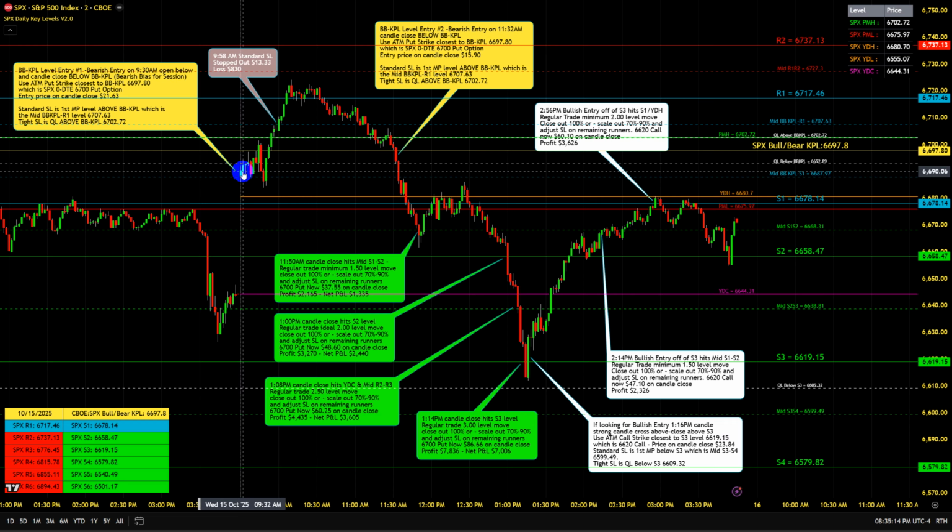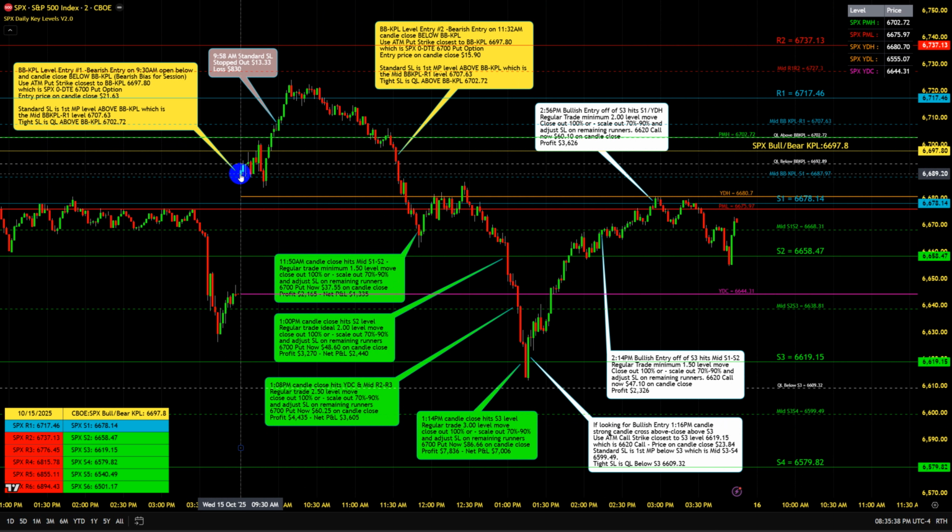So remember that the 9:30 a.m. opening candle is always going to be about its relationship to the bull bear key price level. So on opening candle trades, the level that you're trading from is always going to be the bull bear key price level. Now as we move throughout the session, that's going to change.